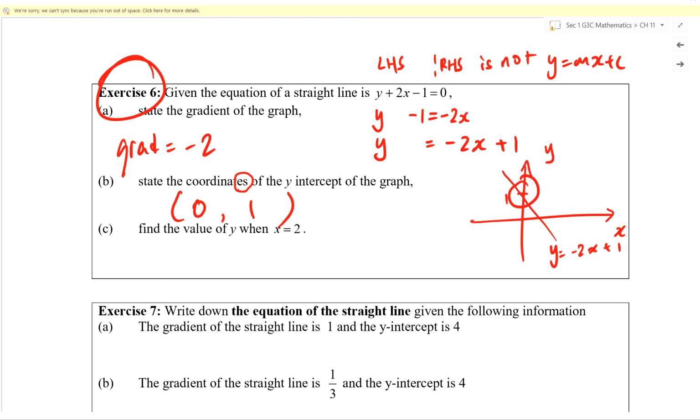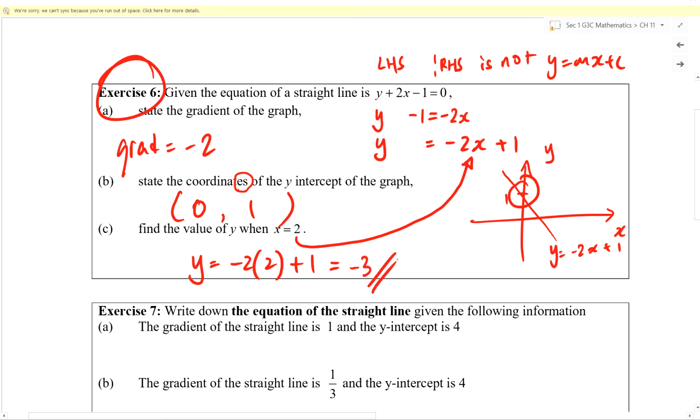But how? You substituted it here, right? Whether you substitute here or you substitute it here, you will still get y equals negative 2 times 2 plus 1. Negative 4 plus 1, negative 3. Done.